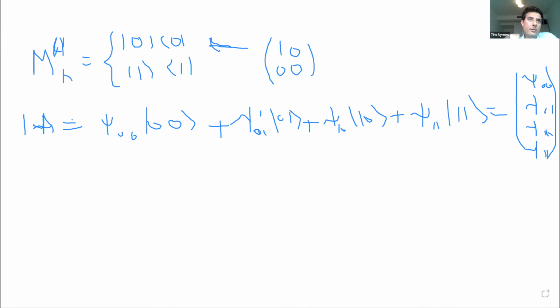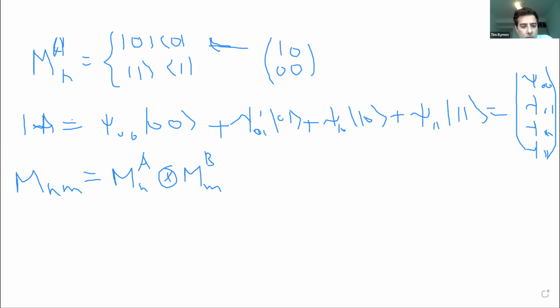So in general, the way that you could do that is, well, you could have M_n tensor M_m. Okay, so in general, it would be written like this, right?